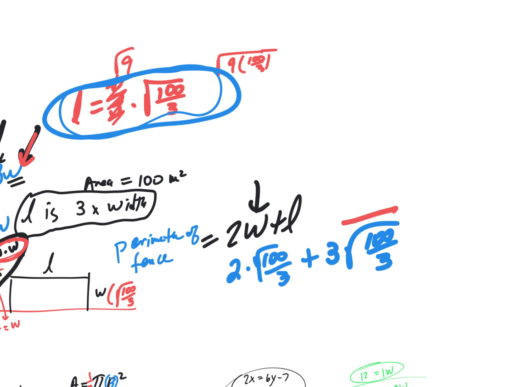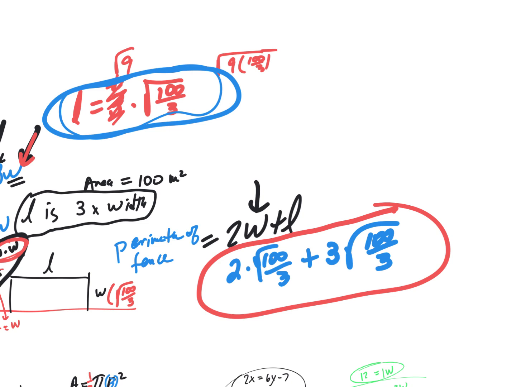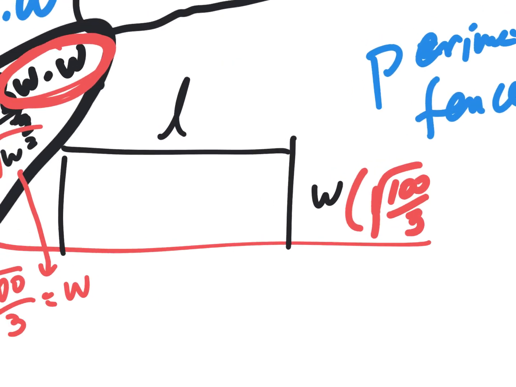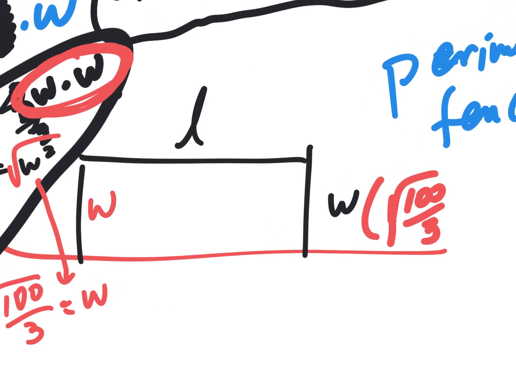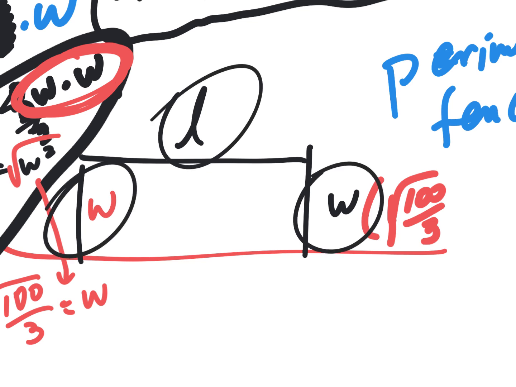But I'd be fine with you giving an answer like that, because there's no calculators on this test. Okay. Question? Where did you get 2 times? Well, because there's 2 widths. Look at this picture here. Do you get how, if I'm adding up the perimeter, it's adding up this side plus this side plus this side? That's where I got 2 W's. Okay. All right.